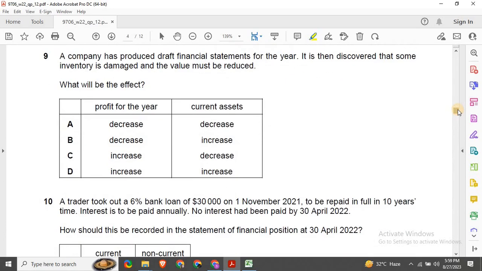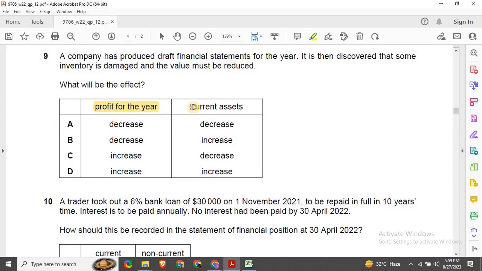Question number 9. A company had produced draft statement for the year. It is then discovered that some inventory is damaged and the value must be reduced. So when we prepare the financial statement, we include the closing inventory, but it looks like those inventories are damaged. Now what effect does it have on the profit for the year and current assets?